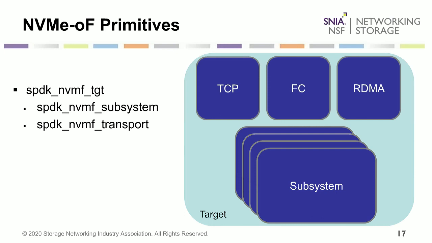So the first two I'd like to cover are transports and subsystems. In SPDK, there are currently 3 transports. There also are 3 defined in the specification. But it is a generic plugin system, and we can add more.